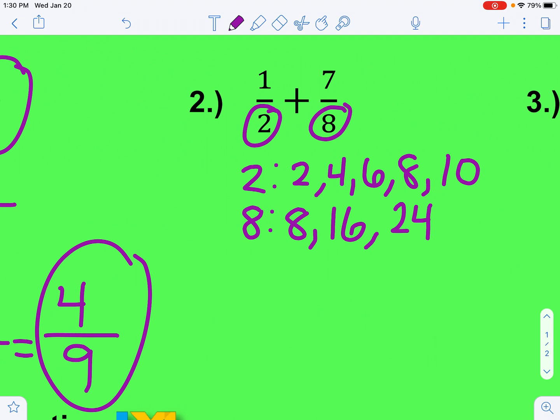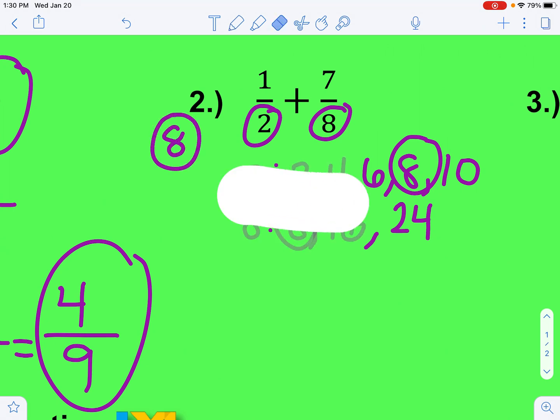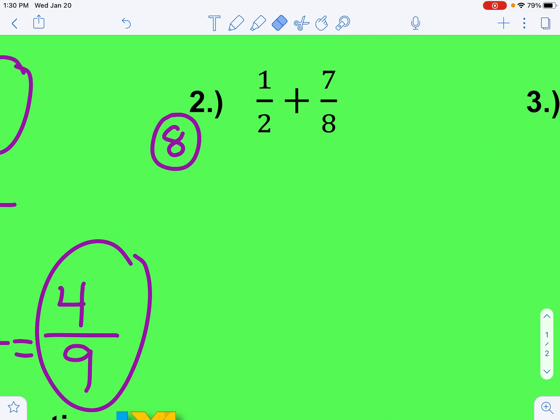What's the smallest one that they both share? Right, it's 8. And again, you might have known that without having to count it out. Awesome. If you didn't, go ahead and just start counting by 2's and by 8's and see which one they both share.